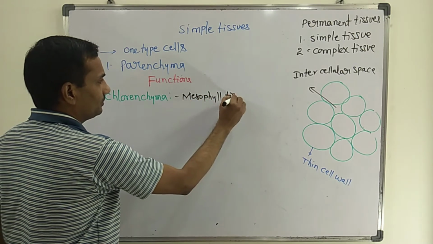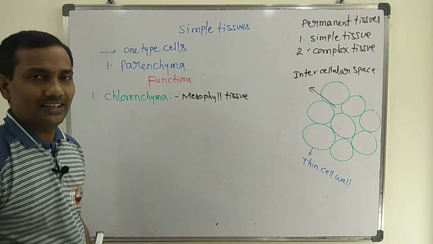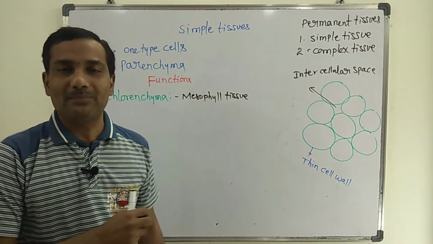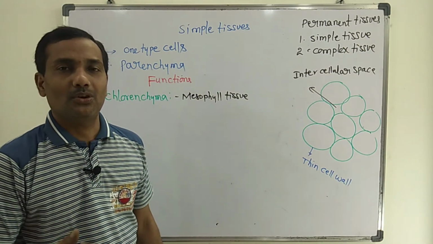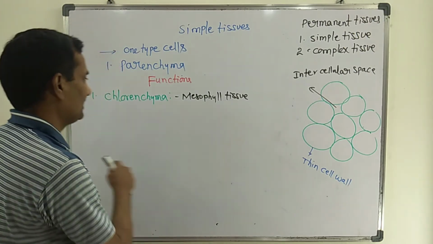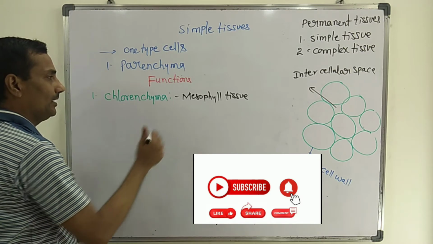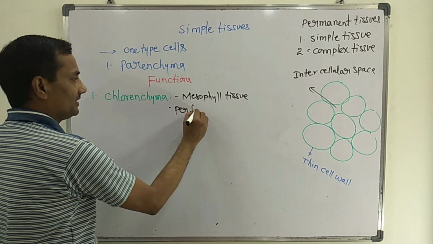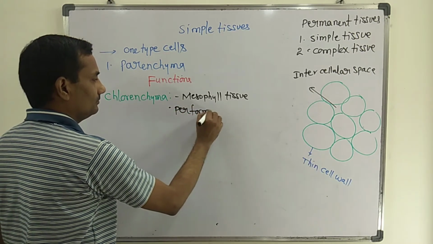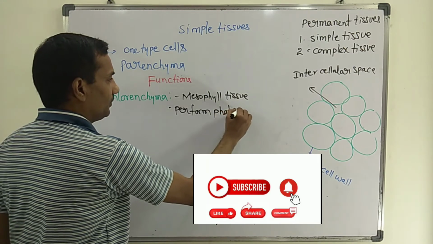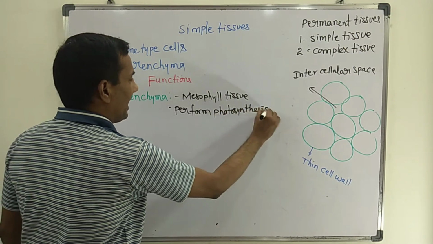Mesophyll tissue has two types: palisade parenchyma and spongy parenchyma. They consist of chloroplast and perform photosynthesis. This is the most important function of the parenchyma.